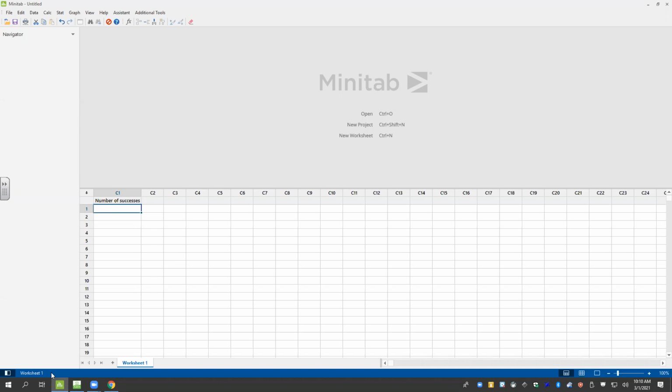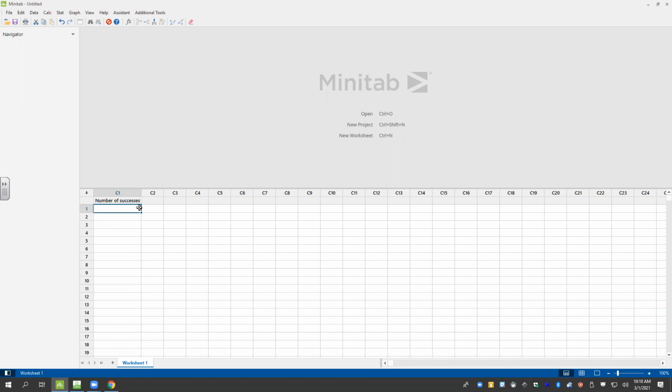Guys, you've got to remember that the number of successes you're going to put in is your X value. You have to number from 0 all the way up to N. You have to include 0 because there's a possibility you don't get any of them right, and you have to tell the computer that.